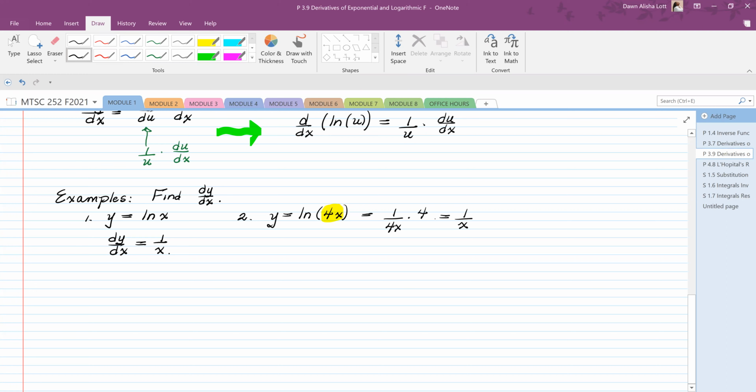Any questions on those 2 examples? If you need further explanation, let me know. Okay, we're going to a more difficult example. Not hard. So let's say y is equal to the natural log of 6x squared minus 7x.